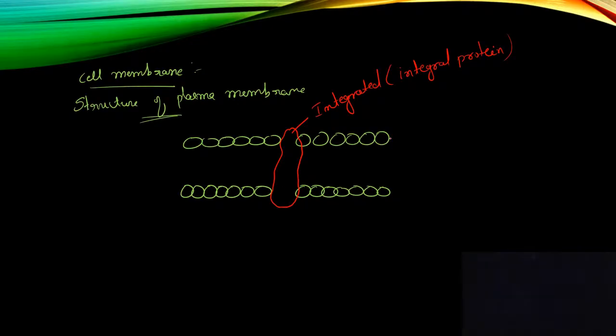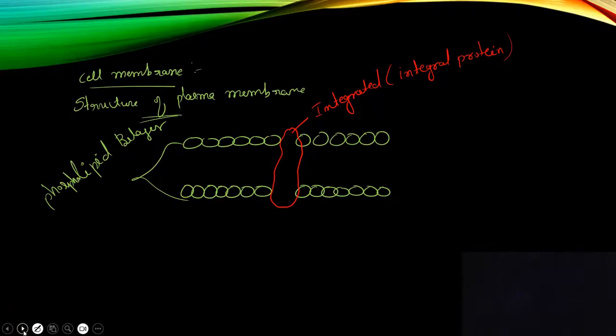And another one is the first one, what we actually constructed. This is a lipid bilayer, but in the form of a phospholipid bilayer. And each phospholipid has two important structures, that is the head structure and the tail structure.